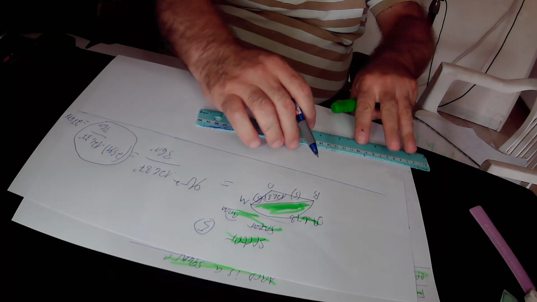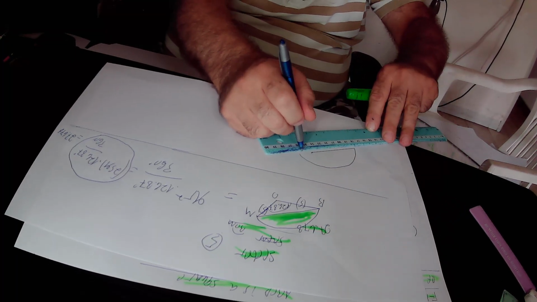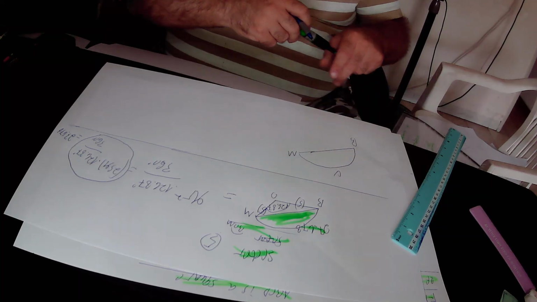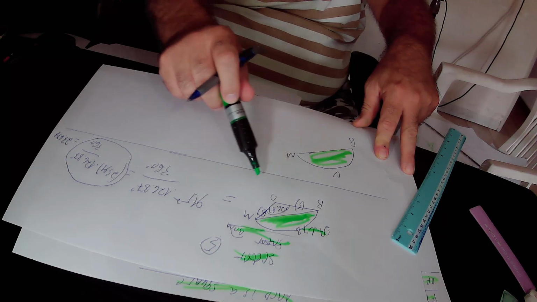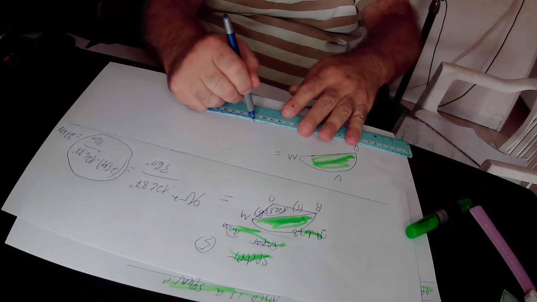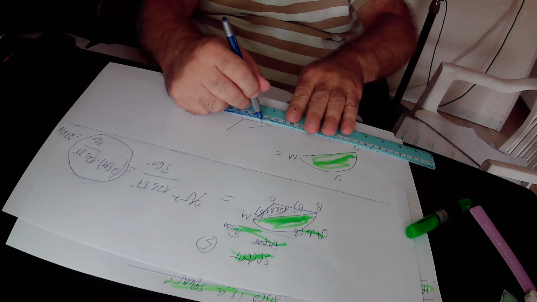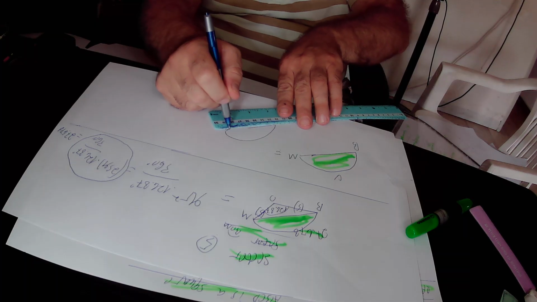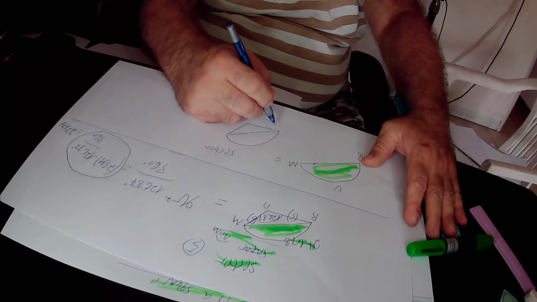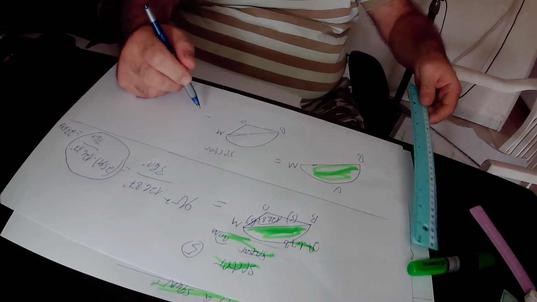So the area of the upper segment is equal to the area of the big sector BOM minus the area of triangle BOM.